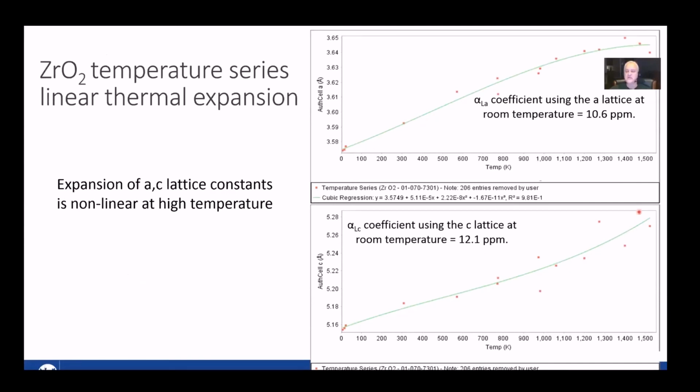The net result then was what we saw, a nominally linear volume expansion, but A and C is anisotropic. So this is another feature of the powder diffraction file, because we have so many entries of different thermal data for particular phases. You can extract for many of these phases the expansion coefficient information.